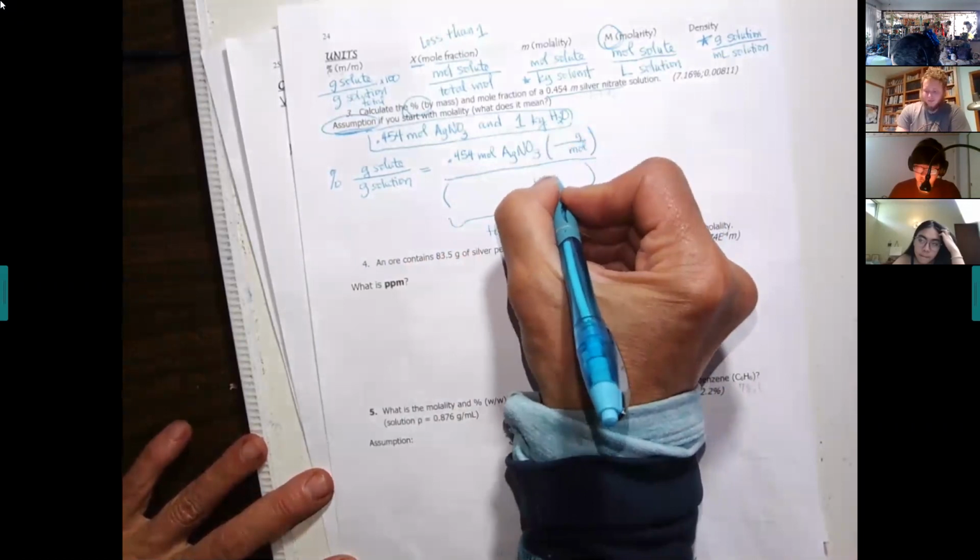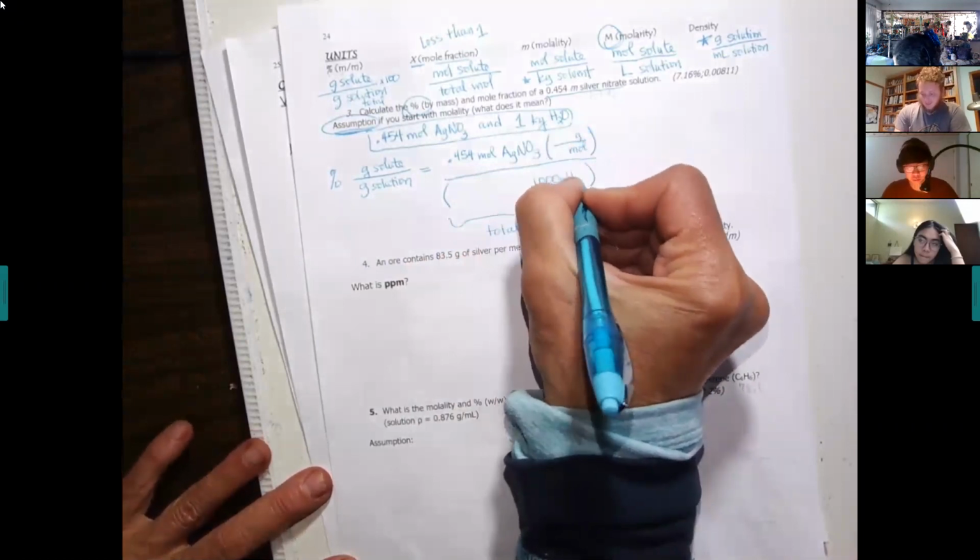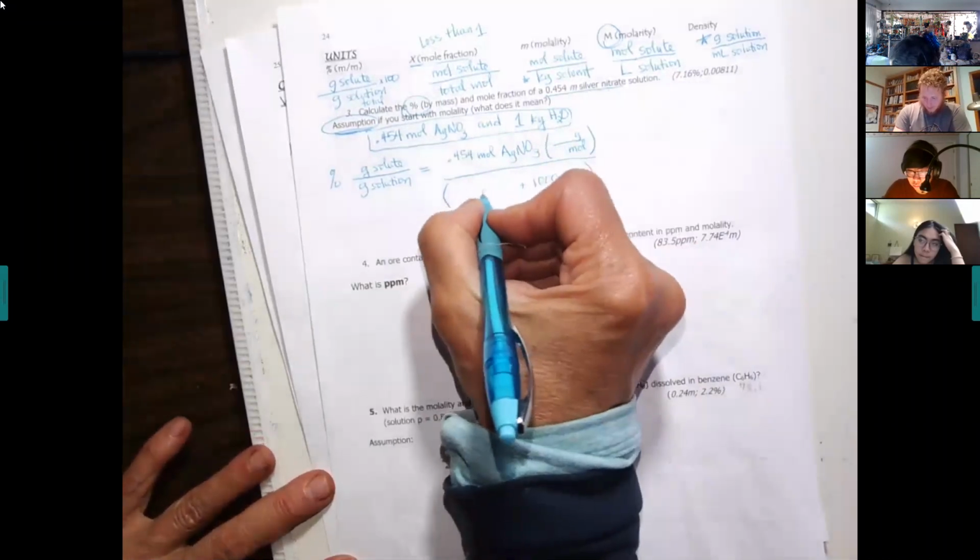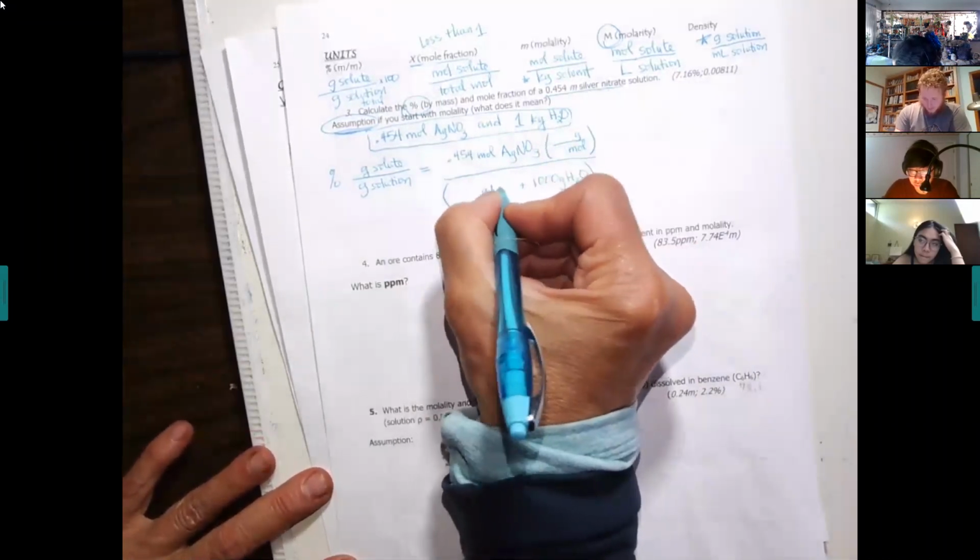What we know right now is we have 1,000 grams of water, but that's not the total. We also need the grams of the silver nitrate. So we have to figure out that number on top. Let me give you guys a moment to figure out how many grams of silver nitrate you have, or I will figure it out while you write your stuff down, because we're going to need this number anyway.